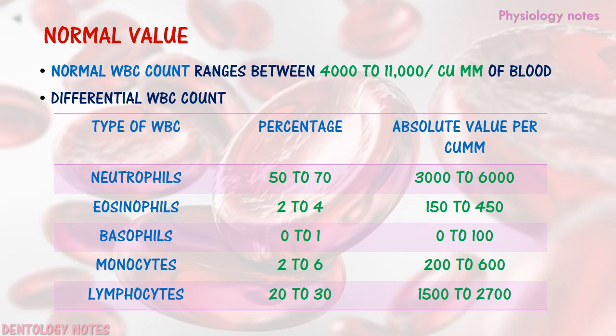Eosinophils 2 to 4%, 150 to 450. Basophils 0 to 1%, 0 to 100. Monocytes 2 to 6%, 200 to 600. Lymphocytes 20 to 30%, 1500 to 2700 per cubic millimeter.